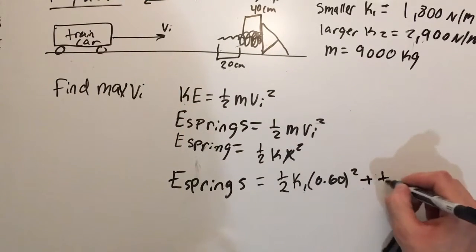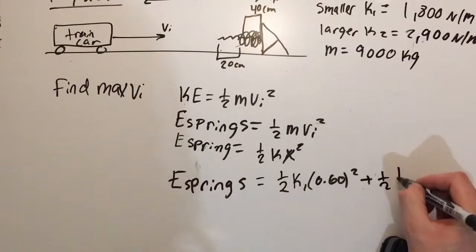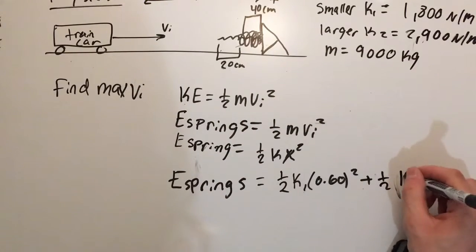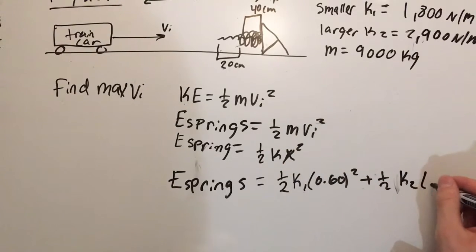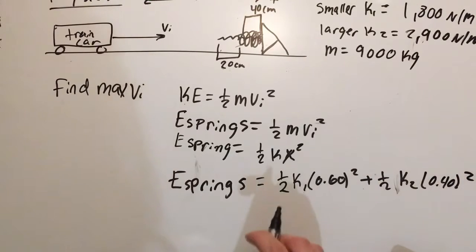And then also the change in energy of K2 and its total displacement from equilibrium, which is going to be, as we would expect, 40 centimeters, which is 0.60 meters and 0.40 meters.